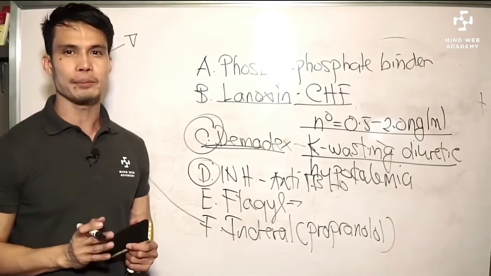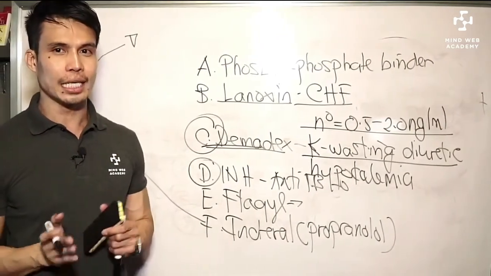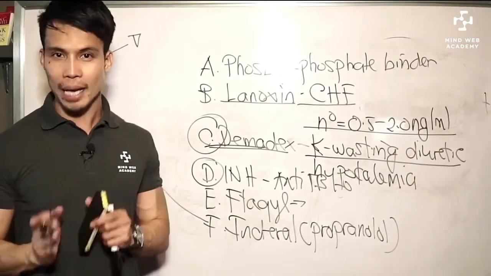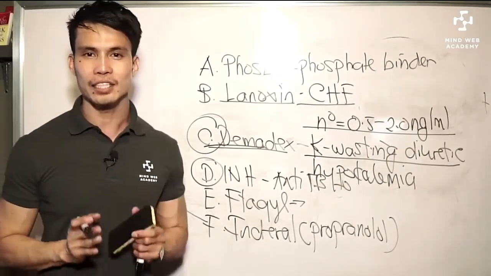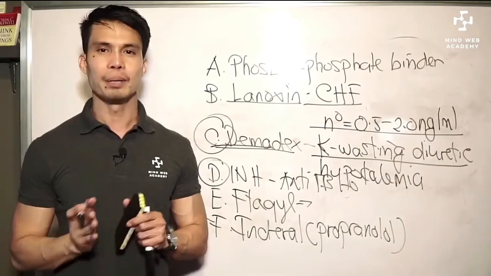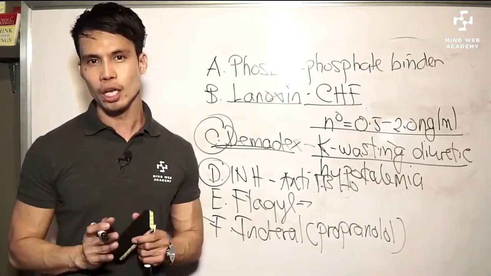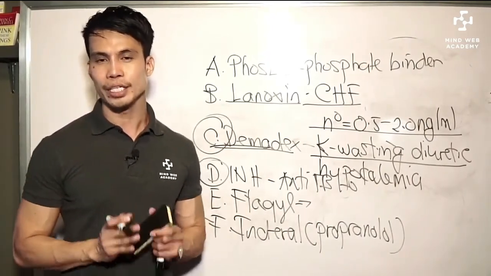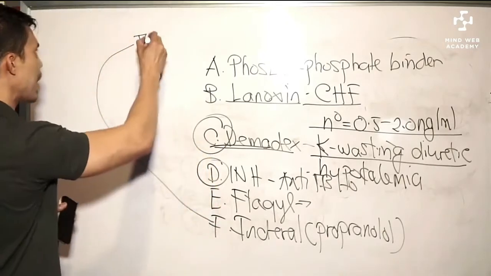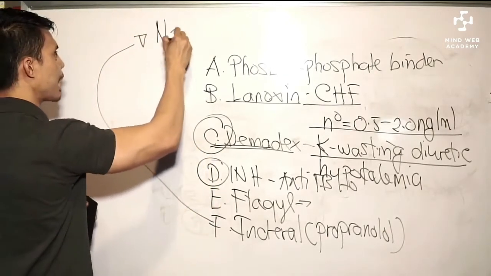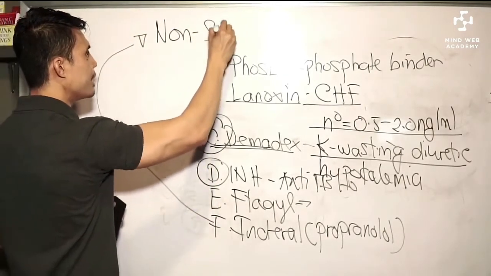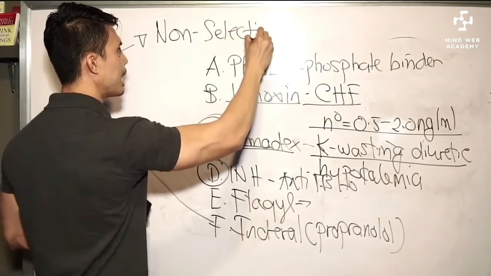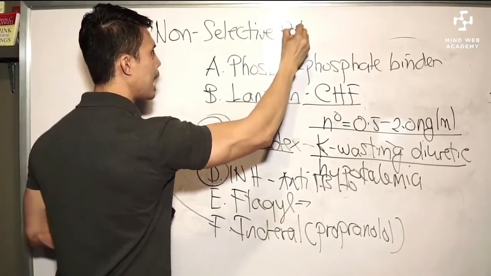We have two types of beta blocker: the selective beta blocker and the non-selective beta blocker. But Inderal or propranolol is a non-selective beta blocker.